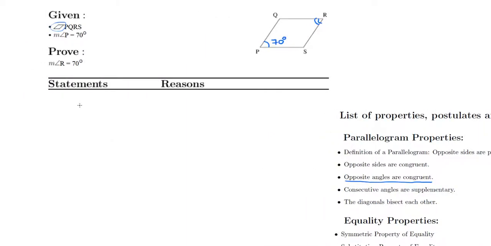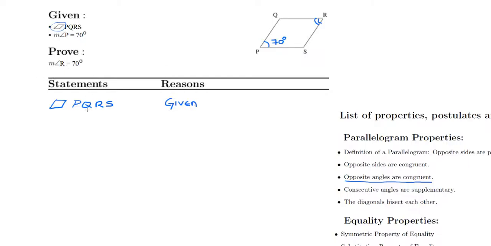So let's start. The first statement is that PQRS is a parallelogram. So we can just write the figure and then write PQRS. And then what is the reason? Well, the reason is that that's our given. That's our assumption, another word for the given, or hypothesis.